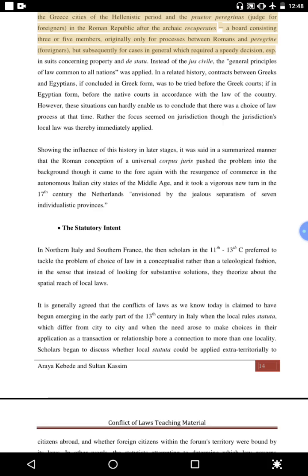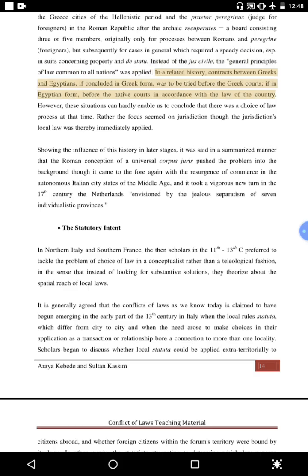In the Roman Republic after the archaic period, a board consisting of 3 or 5 members was created, originally only for processes between Romans and peregrine foreigners, but subsequently for cases in general which required a speedy decision, especially in suits concerning property and statute. Instead of the jus civile, the general principles of law common to all nations were applied.